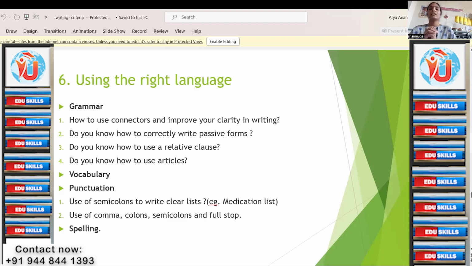So be confident in your spelling, especially common spelling. For example, if you are writing any medications, don't make mistakes, because as medical professionals we know medications better than anyone.